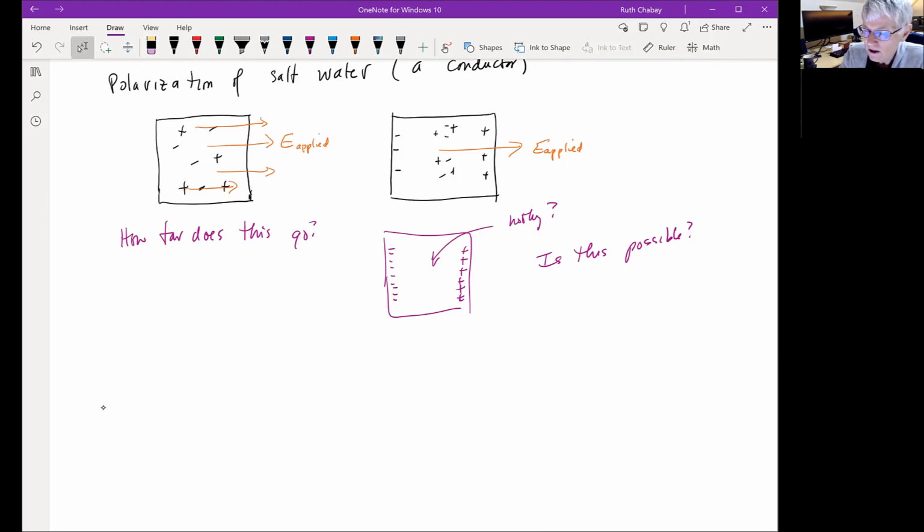So at equilibrium, what does equilibrium mean in a conductor? It means that the drift speed of charges in the conductor is zero. So there's no longer bulk charge flow in any case. The drift speed is zero. So the charges are still moving around randomly, but they're not going anywhere.